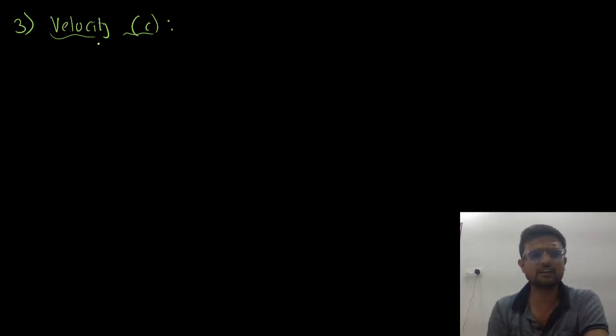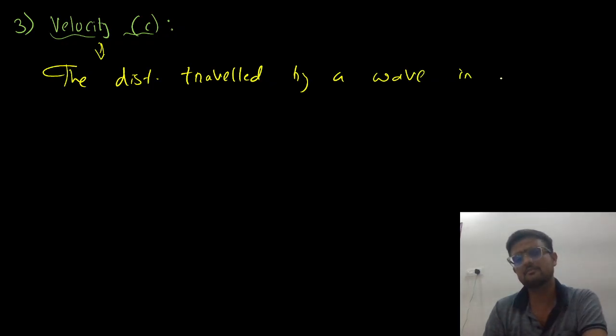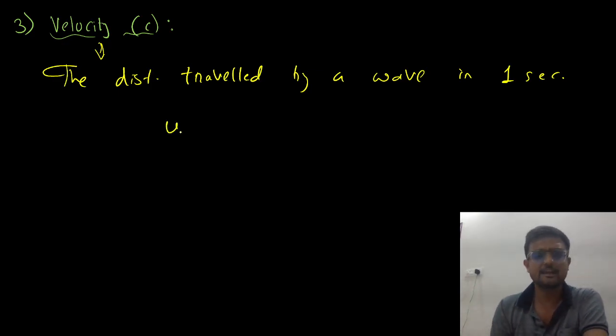So I can say velocity is the distance traveled by a wave in 1 second. In 1 second, how far it can travel, that is called velocity. And velocity is always represented in the unit of meter per second.